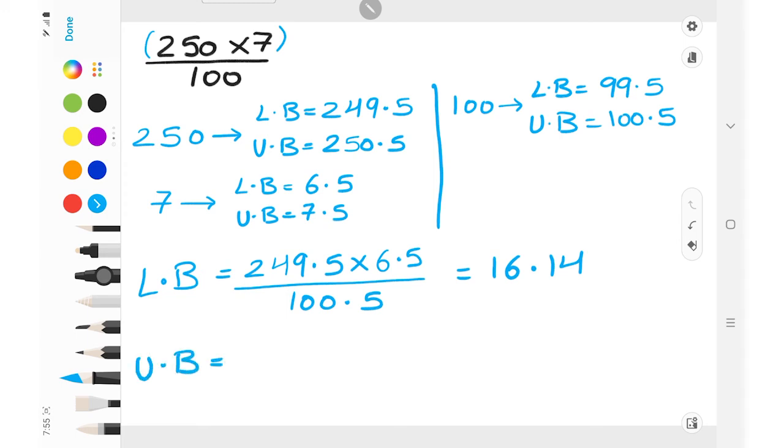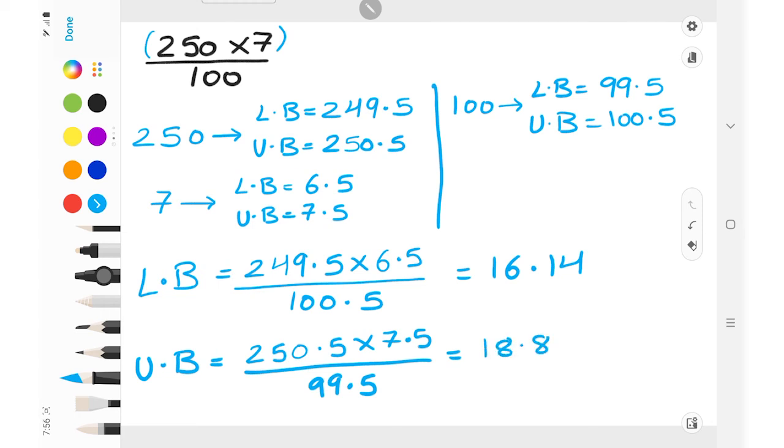For the upper, I want the upper for the top part. It's multiplication, upper multiplied by upper, 250.5 multiplied by 7.5. And for the 100, I want the lower, which is 99.5. It's all 18.88. That's it. Just follow the rule.